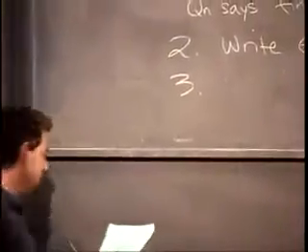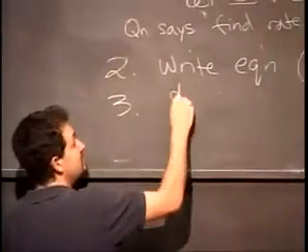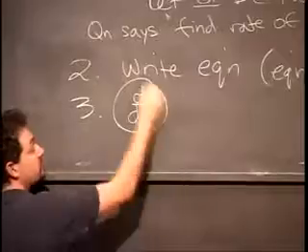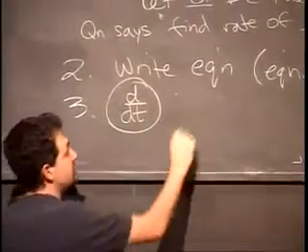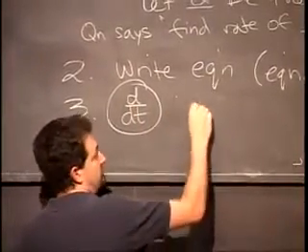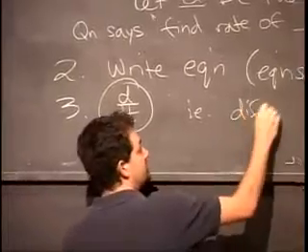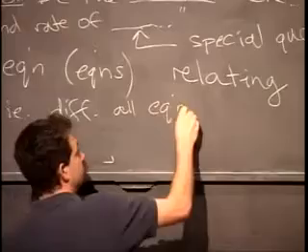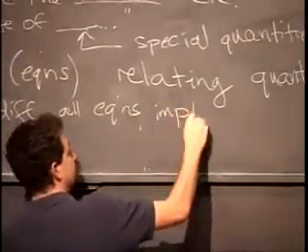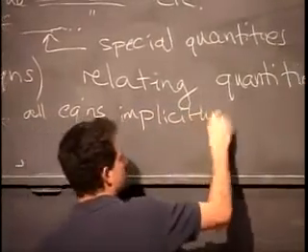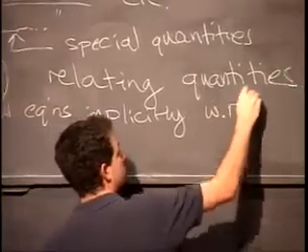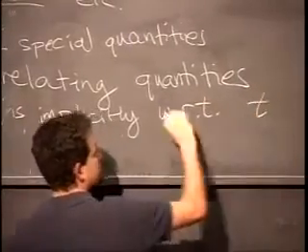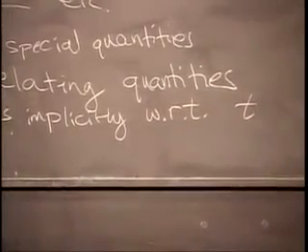Step three is to go d/dt of both sides of every equation. That is, differentiate all equations implicitly with respect to t.